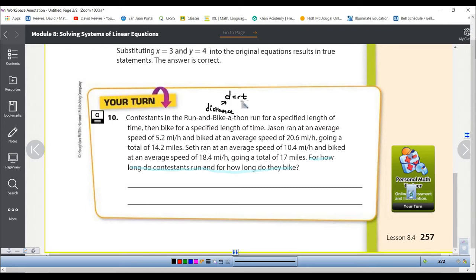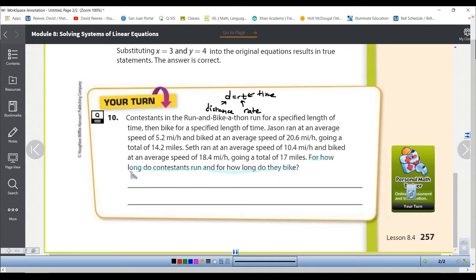How far you go depends on 2 things. Your rate or your speed, which is how fast you're going, times what? The time. The faster you go, the further you go. The longer you go, the further you go, right? Distance is equal to rate times time.